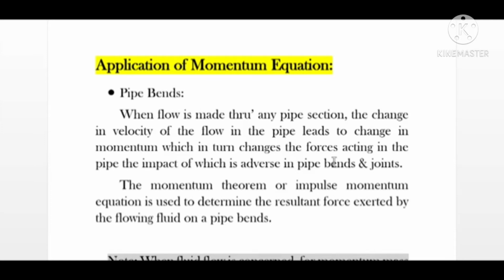नाउ जब हमारे पास मशीन पार्ट्स डिज़ाइन करने होते हैं दिस थिंग हैज़ टू बी कंसिडर्ड वेरी वेल, बिकॉज इन योर मशीन्स पाइप्स में फ्लो कैन बी ऑफ वेरी हाई रेट, एंड जब उस हाई रेट ऑफ फ्लो की वजह से आपके पाइप बेंड्स पे प्रेशर एक्सर्ट होगा दैट कैन कॉज द आउटरेज। दैट्स वाई दिस थिंग इज इम्पॉर्टेंट। आपका जो भी चेंज इन फोर्सेस लगता है दैट हैज़ एडवर्स इफेक्ट इन केस ऑफ पाइप बेंड्स, जहाँ पे आपकी पाइप में बेंड्स आते हैं या अगर आपका जॉइंट्स आते हैं आपके पाइप्स में, बिकॉज यूजुअली जॉइंट्स आर यूज्ड टू कनेक्ट द पाइप्स ऑफ टू डिफरेंट क्रॉस सेक्शंस, एंड जब आपका क्रॉस सेक्शन चेंज होगा आपकी वेलोसिटी चेंज होगी, एंड वेलोसिटी चेंज होने पे आपका फोर्स change hoga, and that force change can be adverse to that pipe system.